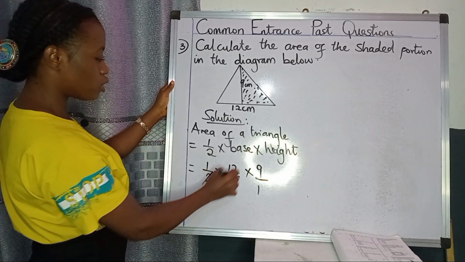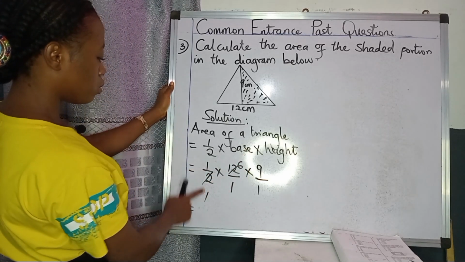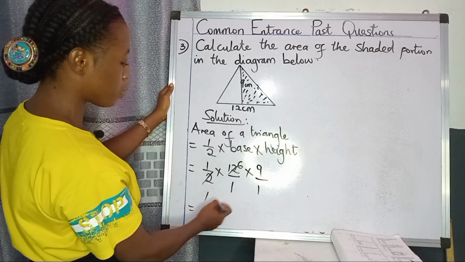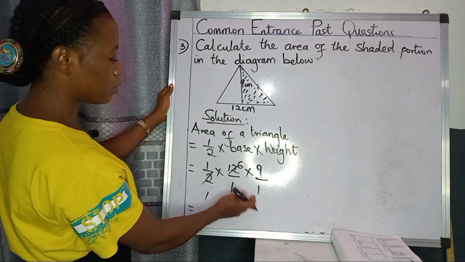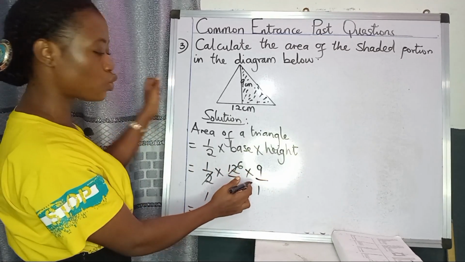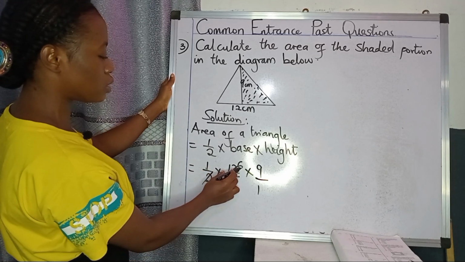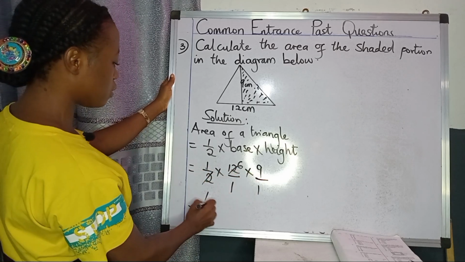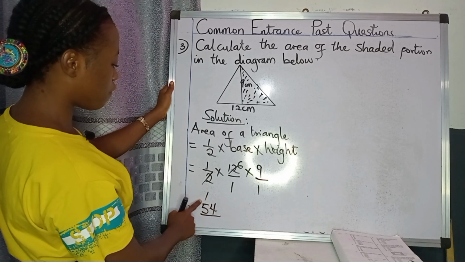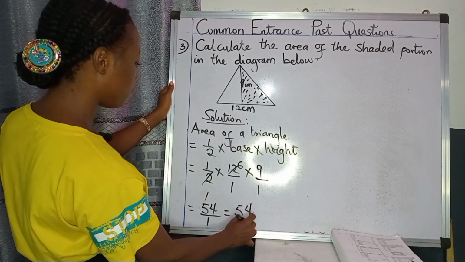Now 2 into 2 is 1, 2 into 12 is 6. We have 1 at the denominator, so there is nothing again to divide. We need to multiply out the numbers that are left at the top. So 1 times 6 is 6, and 6 times 9 is 54. All right? 54 over 1 times 1 is 1, and 54 over 1 is equal to 54.